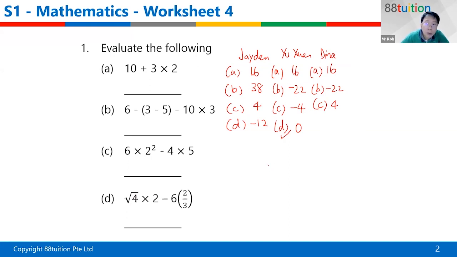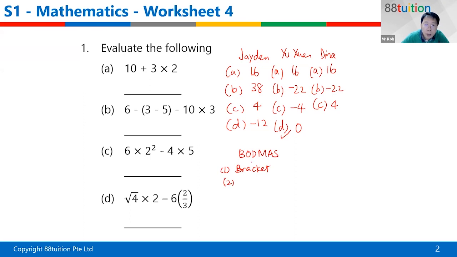Now, maybe Mr. Ko will just quickly run through the order of operations of BODMAS. Okay, so brackets are to be done first. So the first choice is brackets. Once you have a bracket, you do the bracket first.